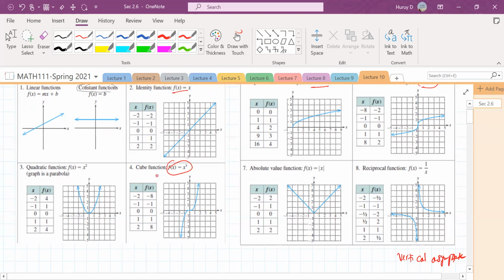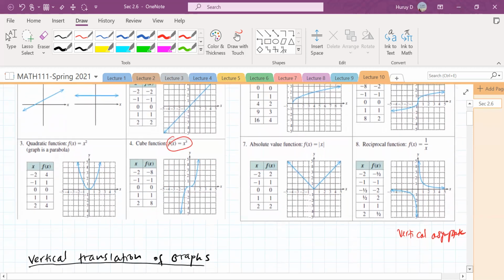That's the trick, because when you substitute them, it's easy to evaluate. By preparing this table, we can always graph a function. By doing so, we can familiarize ourselves with these different functions and their graphs.